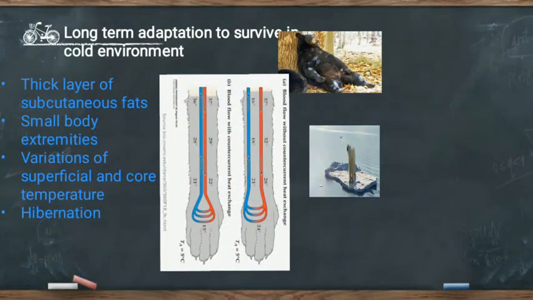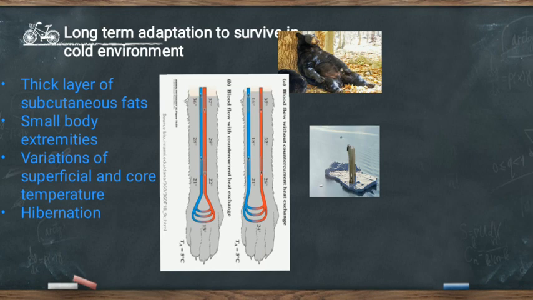Now what I want to explain here is the variation of the superficial temperature and the core temperature. Actually, I talked about that. The superficial temperature is the temperature of the skin, whereas the core temperature is the temperature which is 2 centimeters from the skin.